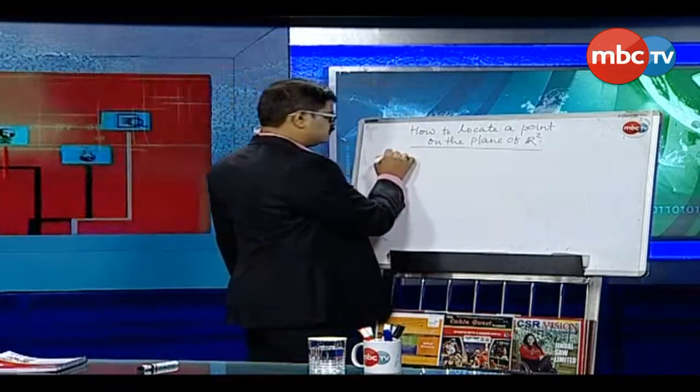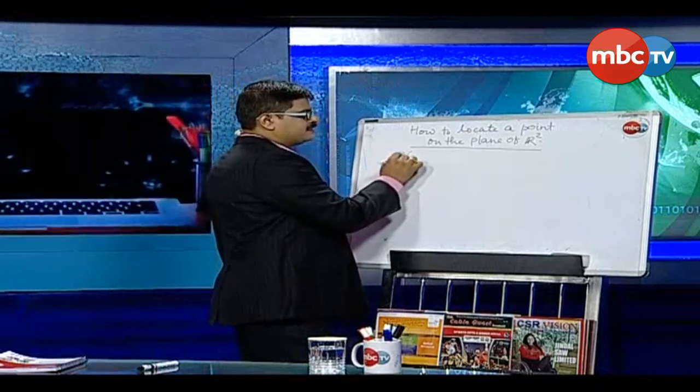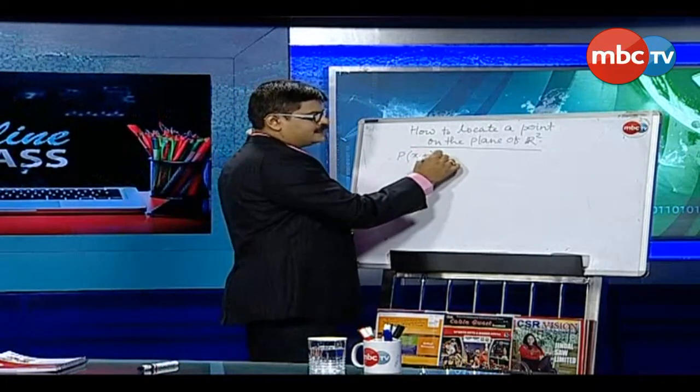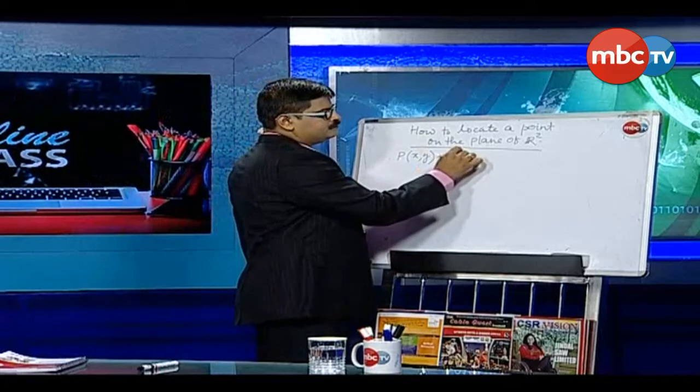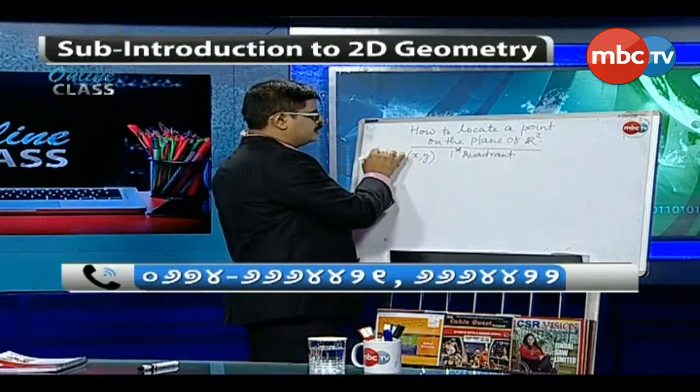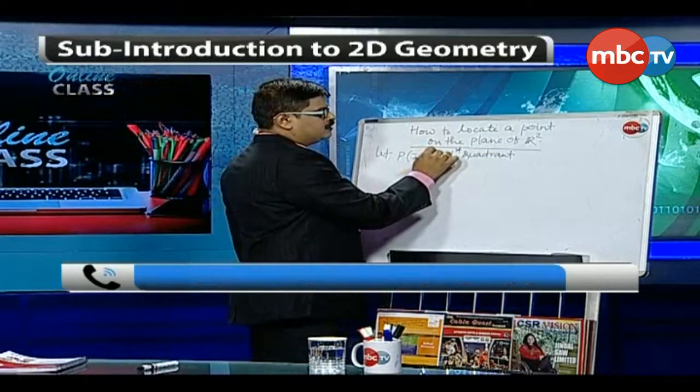Now, consider a point, say P(x, y). For better understanding, let's take the point in the first quadrant. So, let P(x, y) be in the first quadrant.